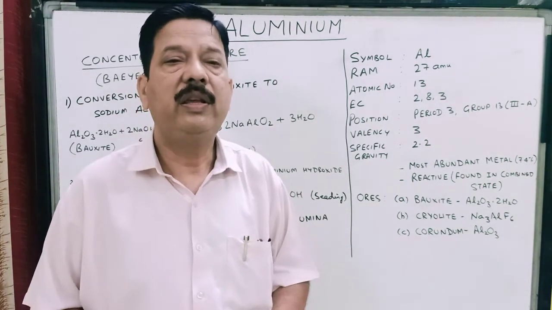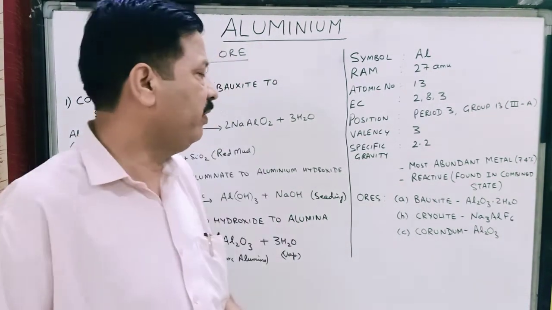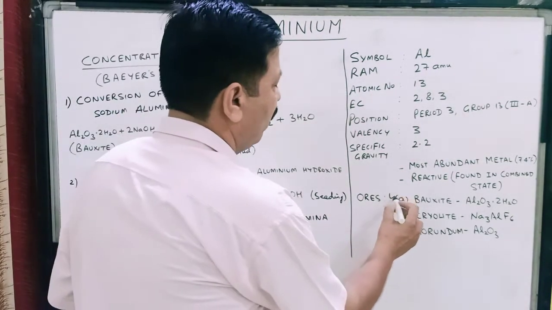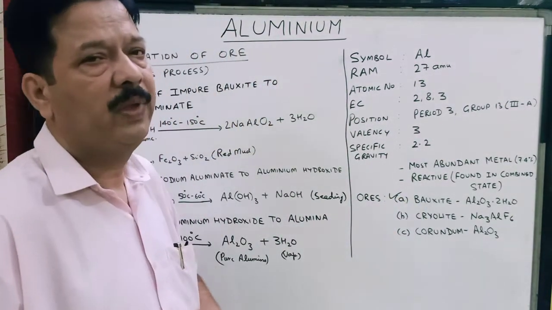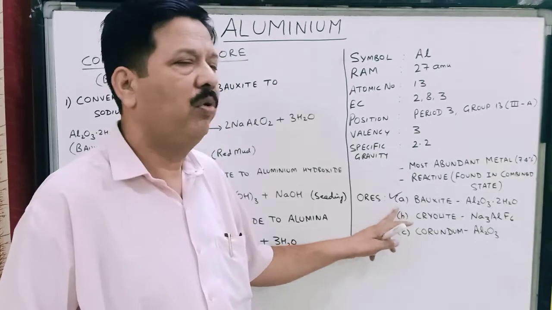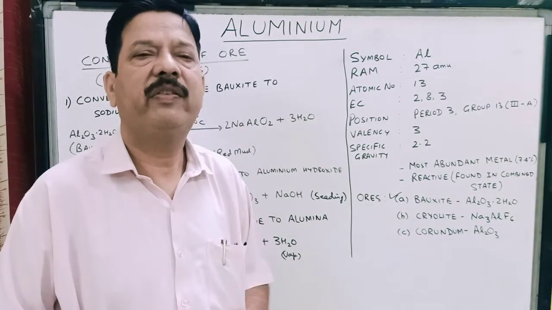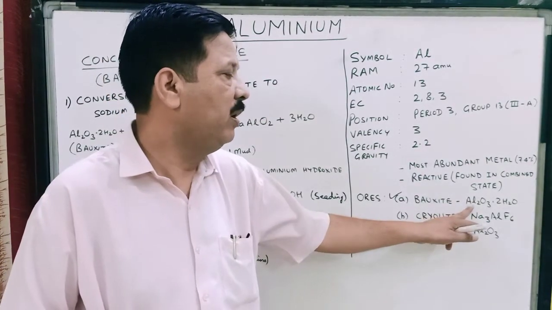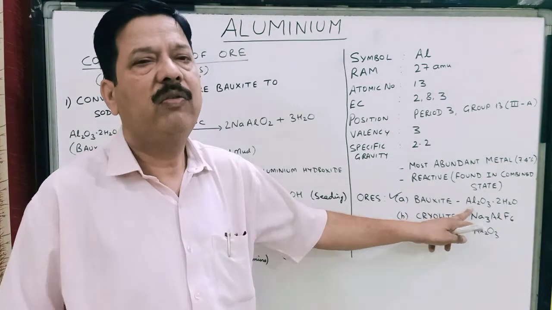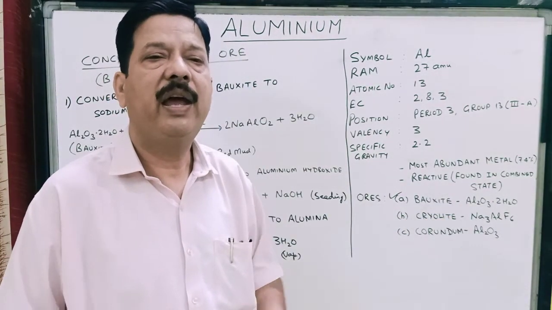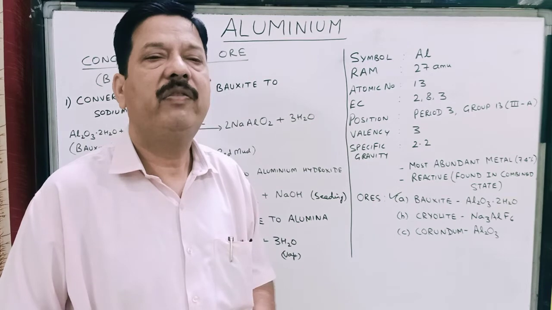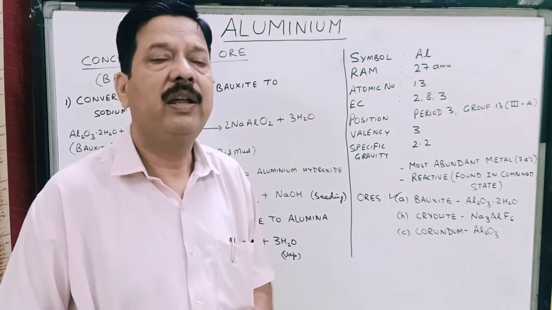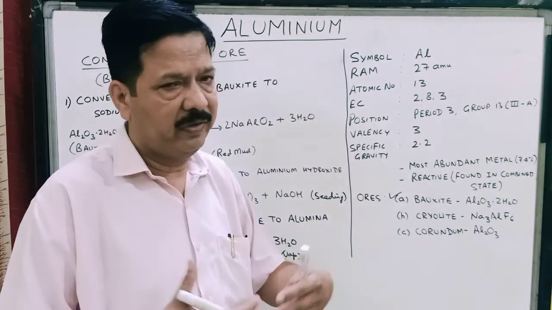These are the 3 main ores. Out of these, bauxite is the ore from where we extract aluminium. This ore contains 60% of this aluminium compound, and it also contains oxide of iron and silica, that is ferric oxide and silicon dioxide, plus some impurities.